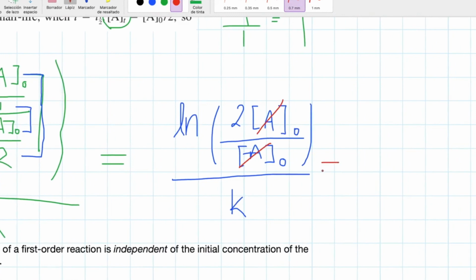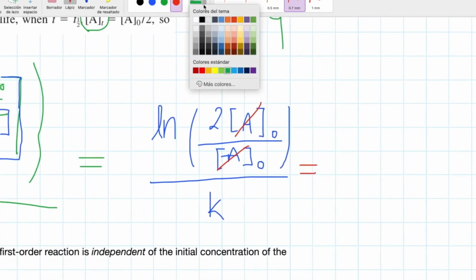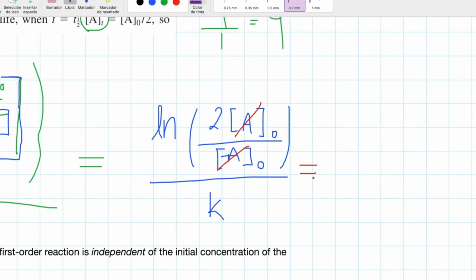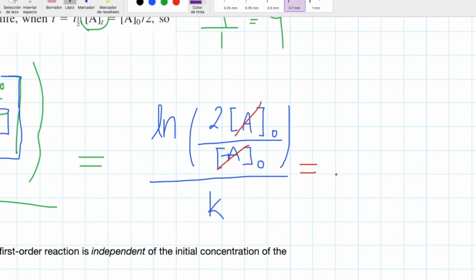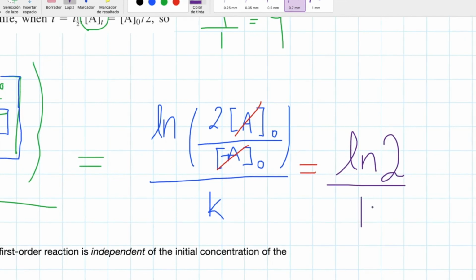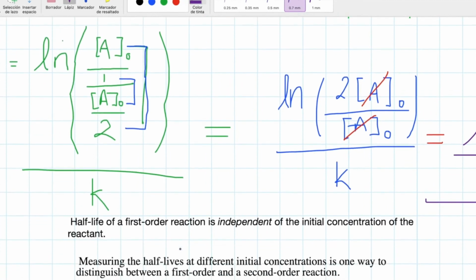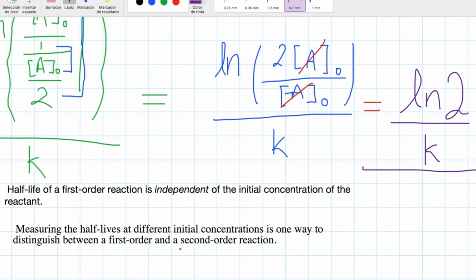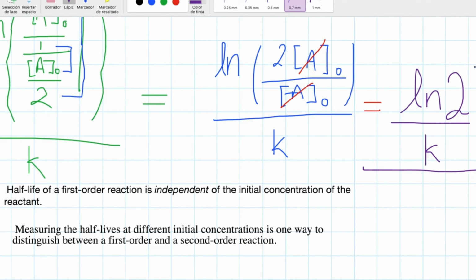As we can see, we can cancel out the initial concentration because we have it in the numerator as well as in the denominator, and this is true because they are multiplying, so we can go ahead and do that. So our final half-life equation for this first order reaction is ln of 2 divided by k. And this will be our half-life equation.